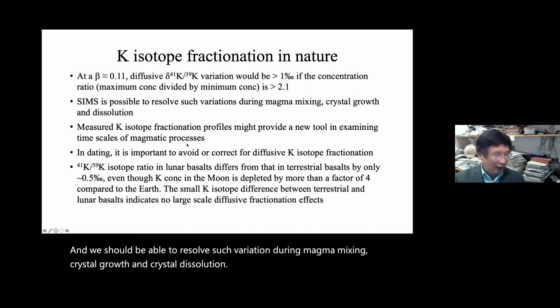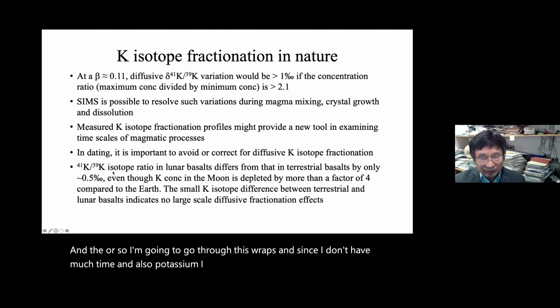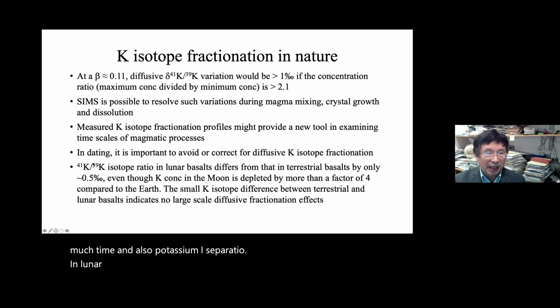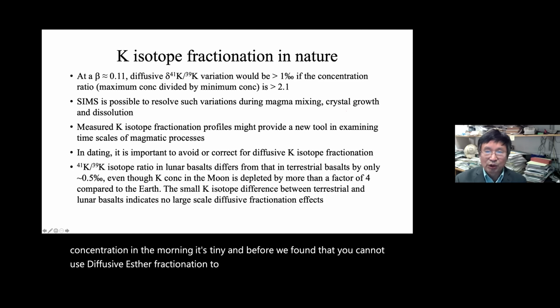I'm going to go through this rapidly since I don't have much time. Also, potassium isotope ratio in lunar basalts varied by only this much. Because the potassium concentration in the moon is highly depleted, we found that you cannot use diffusive isotope fractionation to explain the small difference.